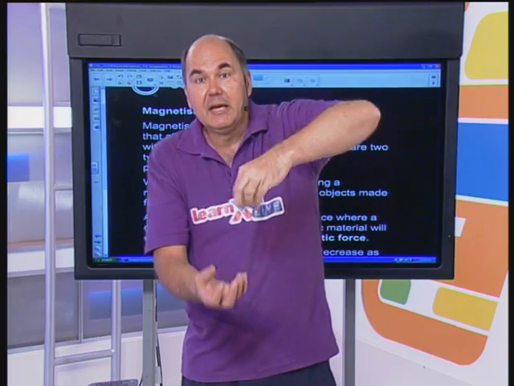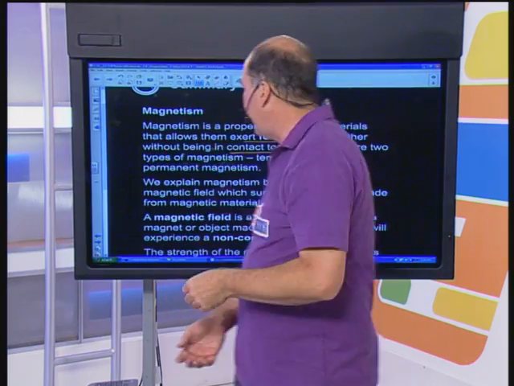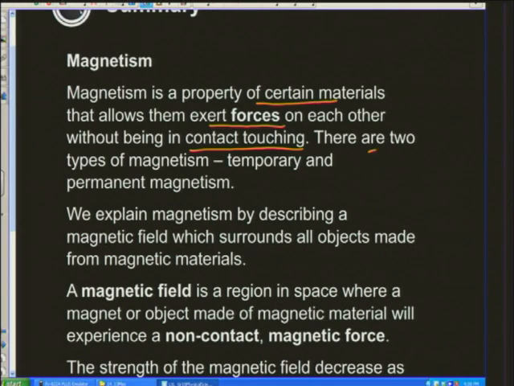When the paper clips were down on the piece of paper, we put the magnet above it, it jumped up. And even that one paper clip became a magnet itself and was able to pull up the second one. There are two types of magnetism, temporary and permanent magnetism. For a moment, that paper clip was a magnet.